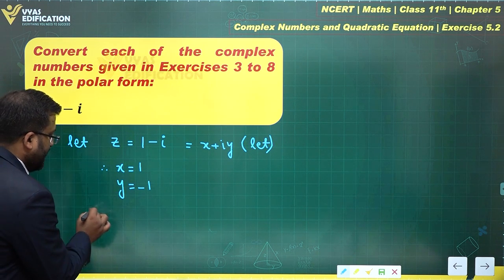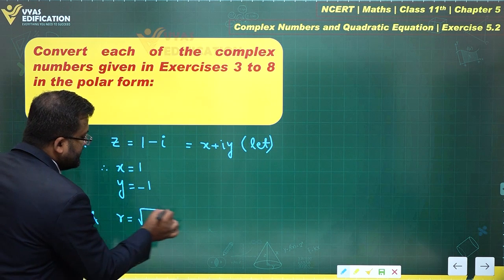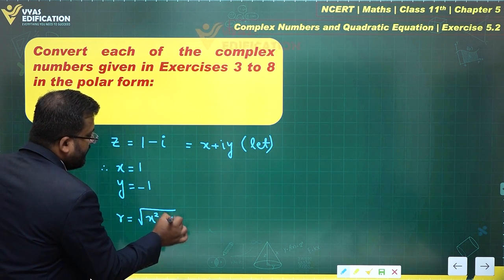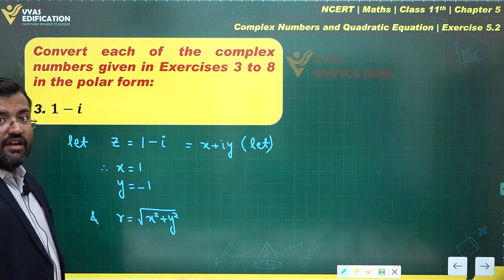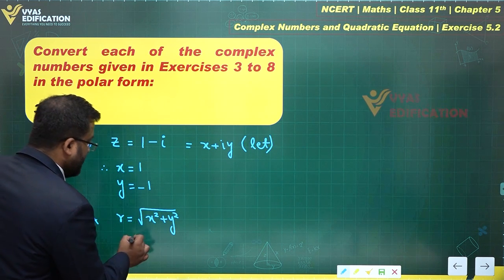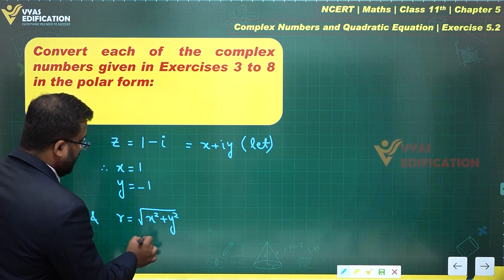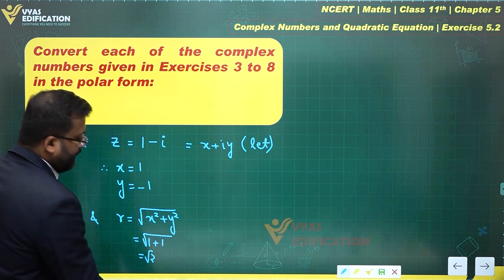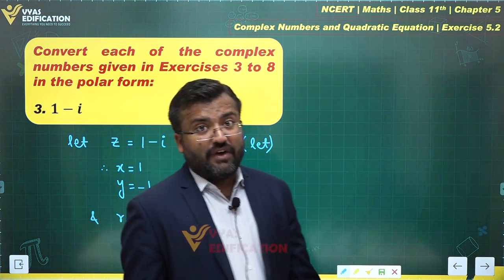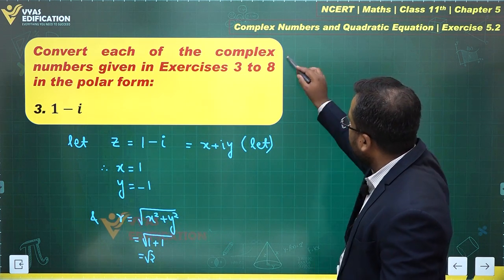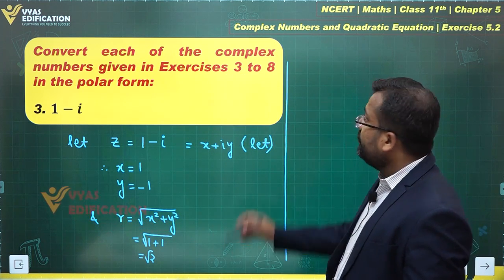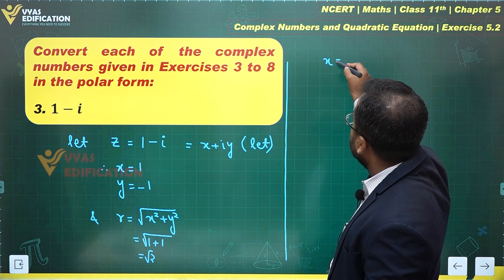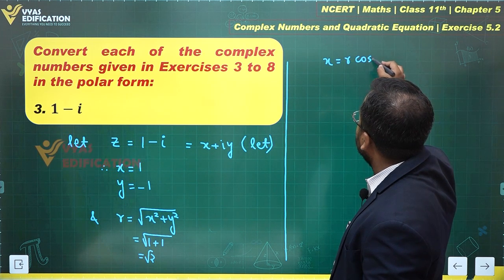And we can easily find the value of r, which is equal to under root of x square plus y square, which is under root of 1 plus 1, which is under root of 2. So you have found the value of r very easily. Also, we know that x equals r cos theta.